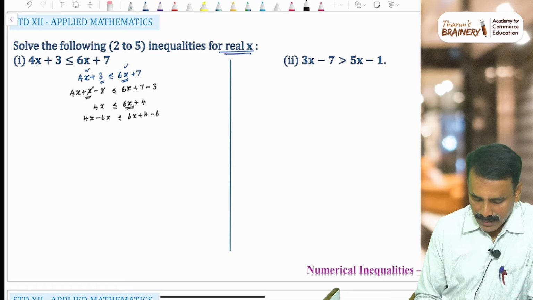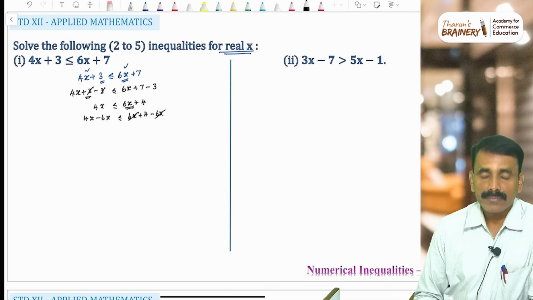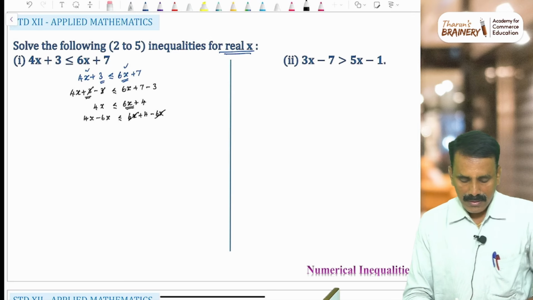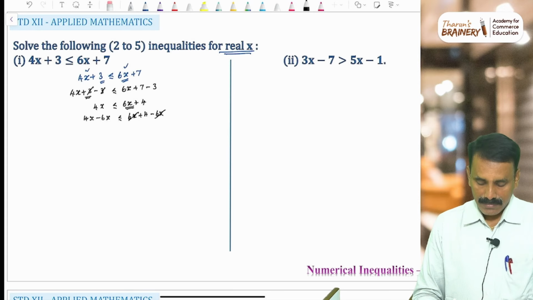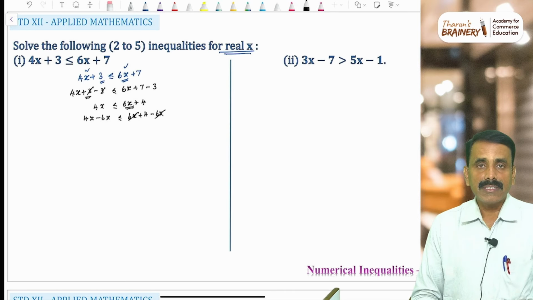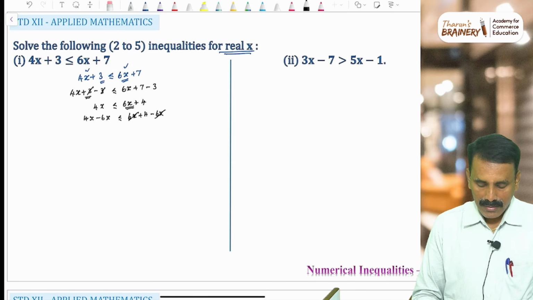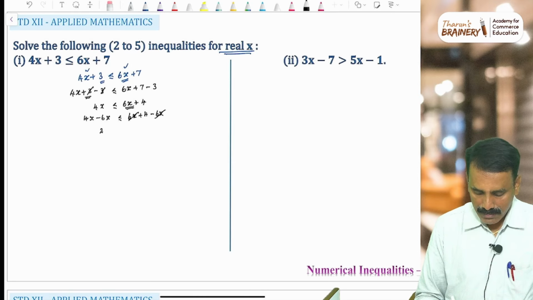Now, I subtract 6x. So, minus 6x and plus 6x will get cancelled. Now, what happens? 4x minus 6x. When you subtract, they have different signs and 6 is the bigger number. So, we subtract 4 from 6. So, it is 2 and the bigger number's sign is minus. So, minus 2x is less than or equal to 4.